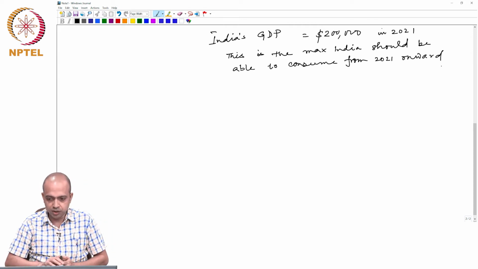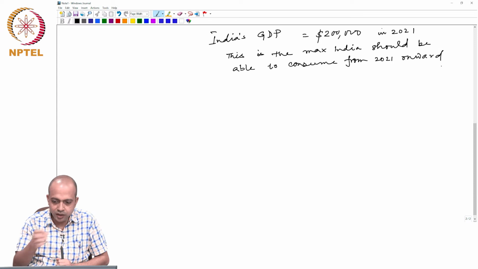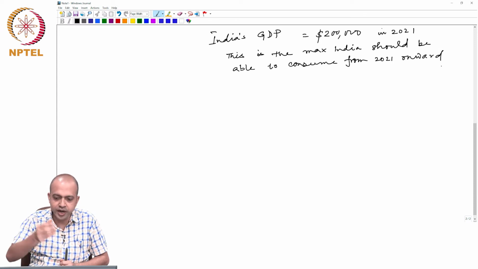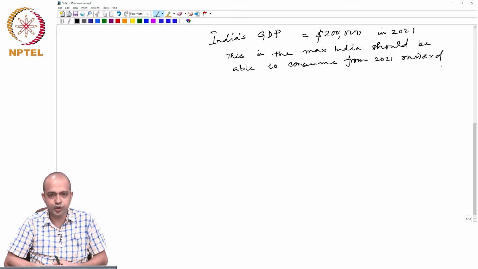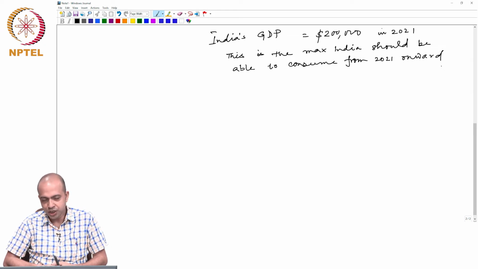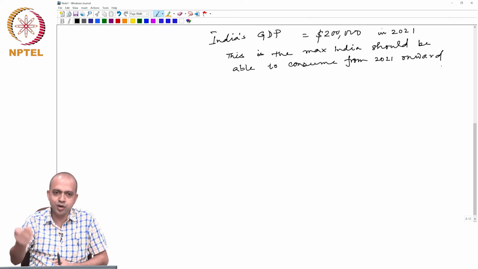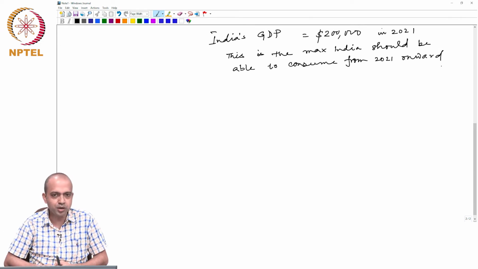But do you think that if India consumes the entire $200,000 in 2021 itself, then in 2022 India will have sufficient earning, sufficient income to enjoy the benefit that India was enjoying in 2021?